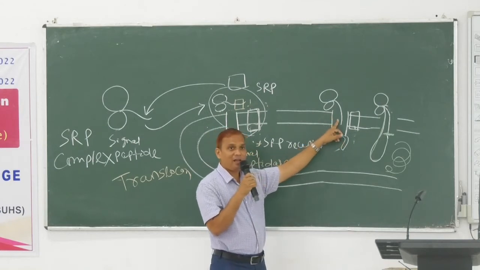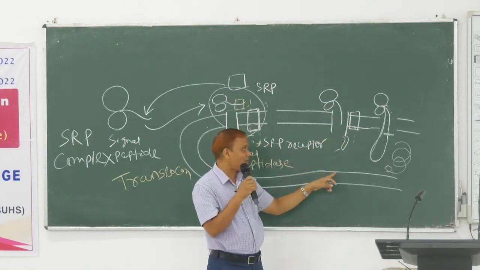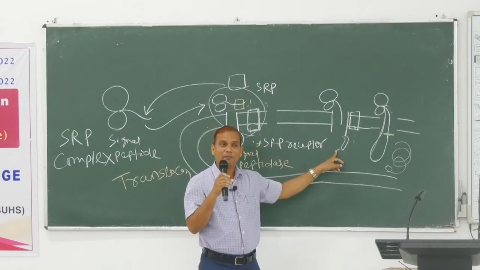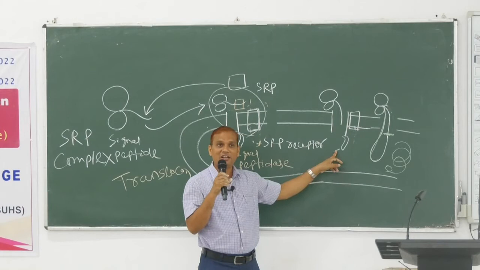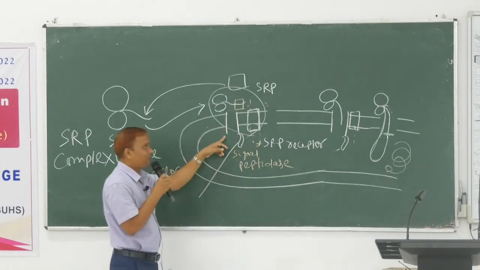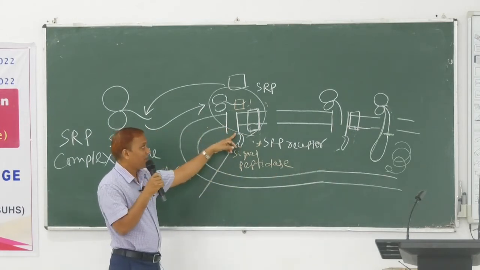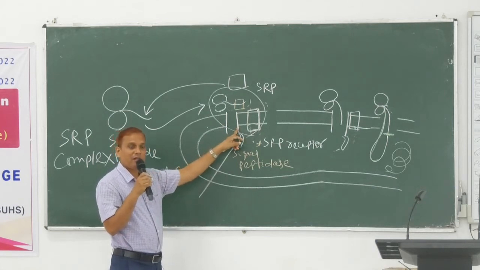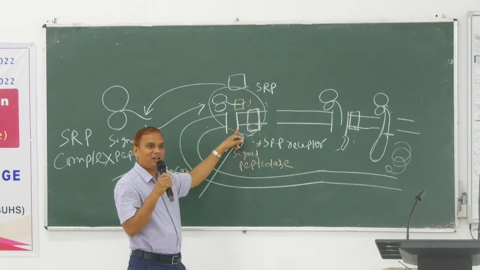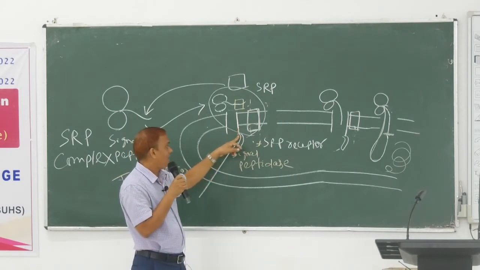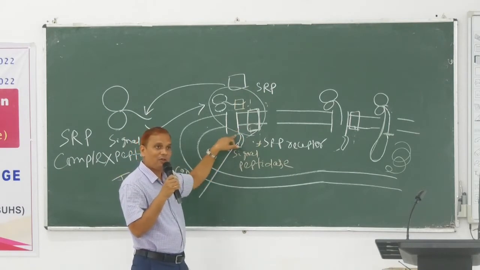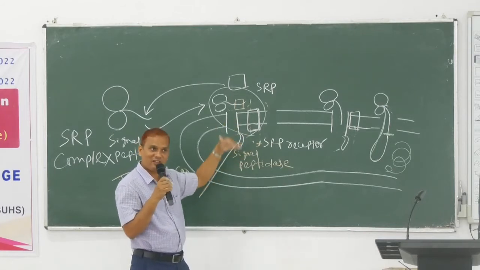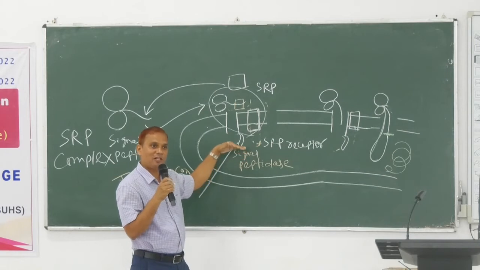For that signal peptide, one enzyme is present, that is the signal peptidase enzyme. Where is it present? It is present near the transport channel, inside the inner membrane of the endoplasmic reticulum.